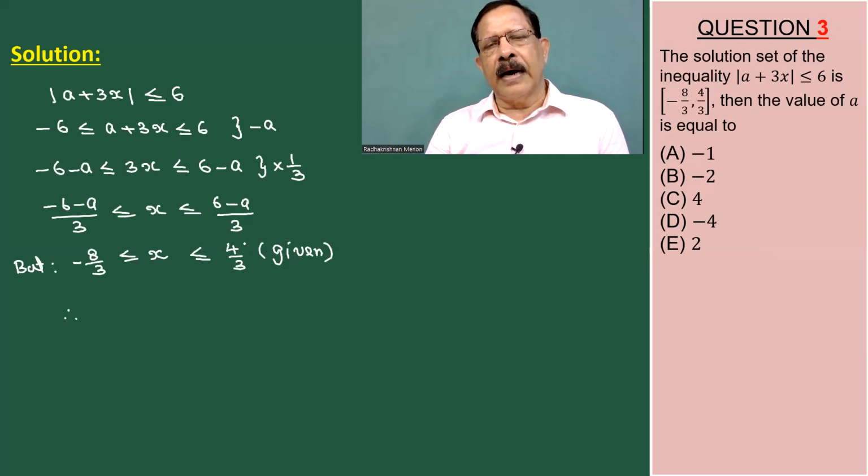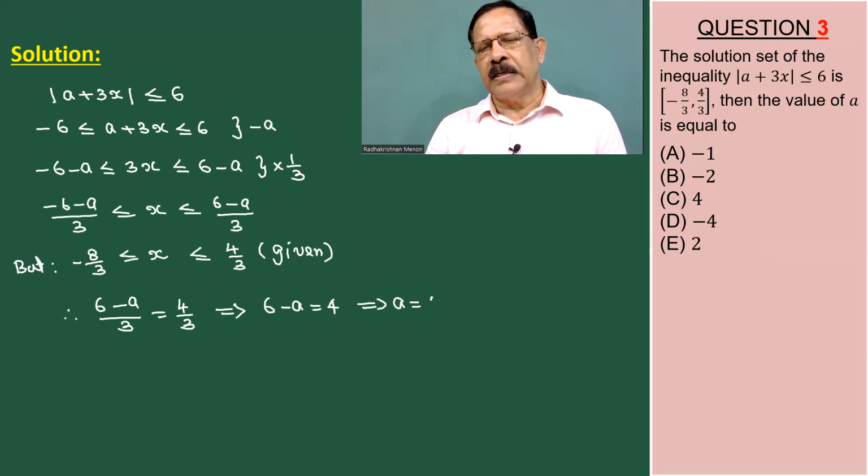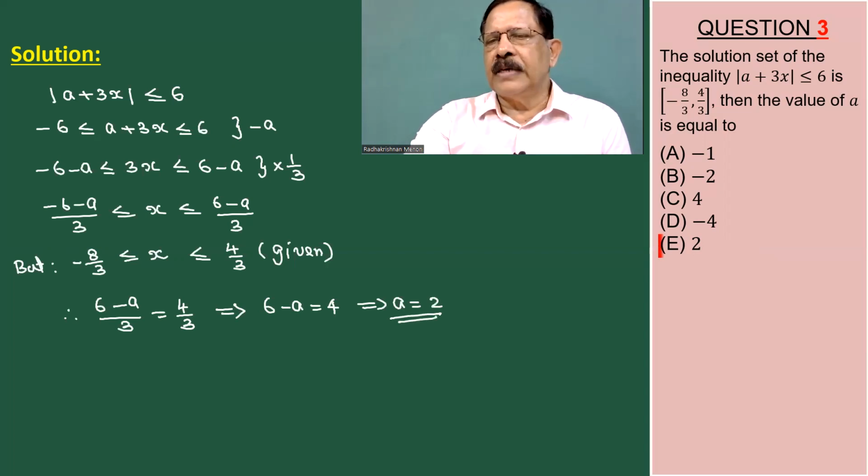For the last term we are equating (6 - a)/3 = 4/3. When you simplify, you will be getting the value of a. So 6 minus a is equal to 4, which implies a is equal to 6 minus 4, which is equal to 2. Very simple. So the answer for that question is option B.